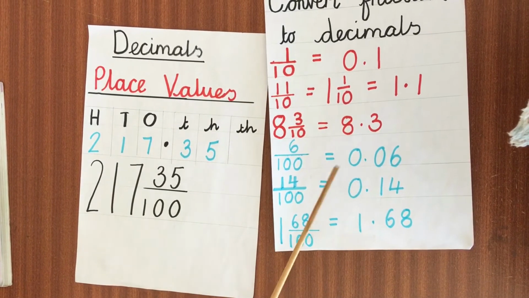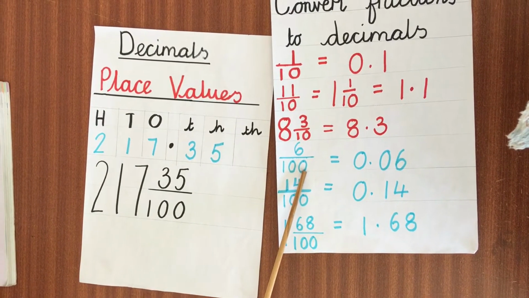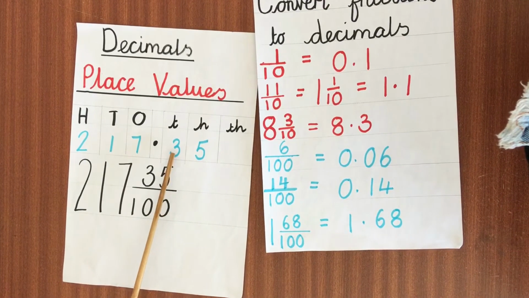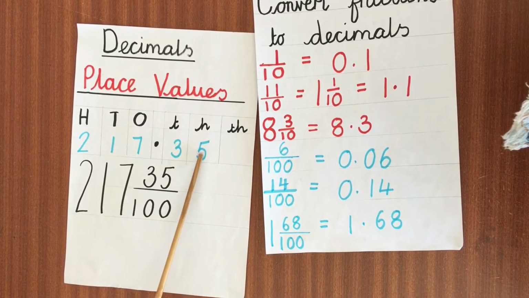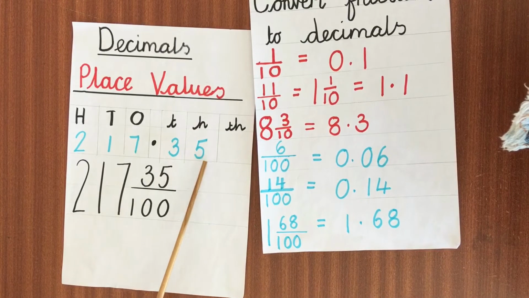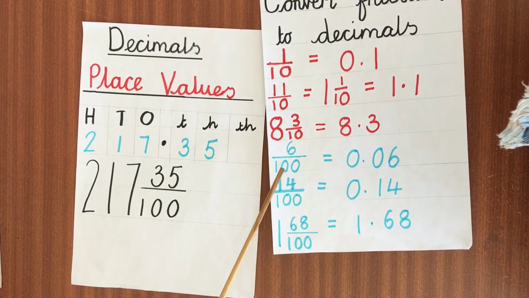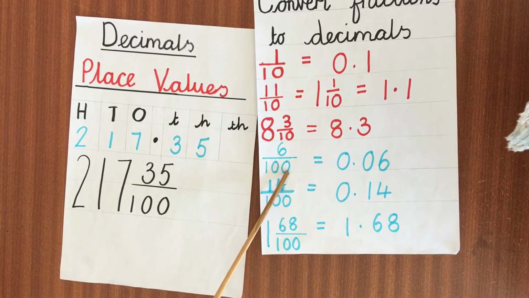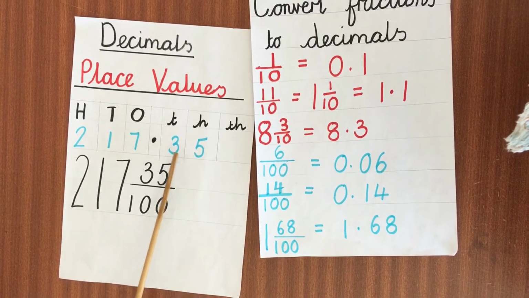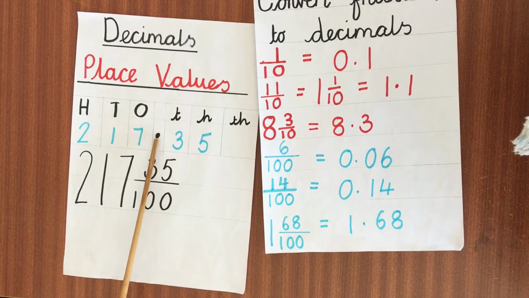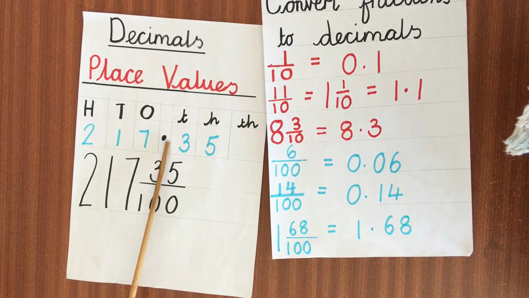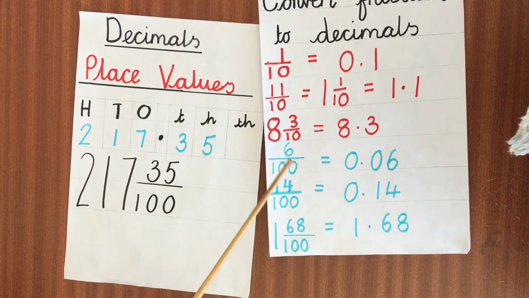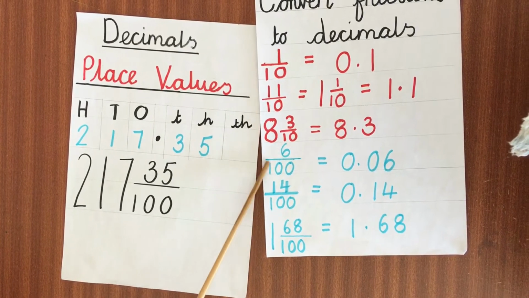Now let's look at the hundredths. The hundredths is the second value after the point. So when you're writing a fraction as a decimal where the denominator is 100, know that you should have 2 numbers after the decimal point. In this example, we have 6 hundredths.